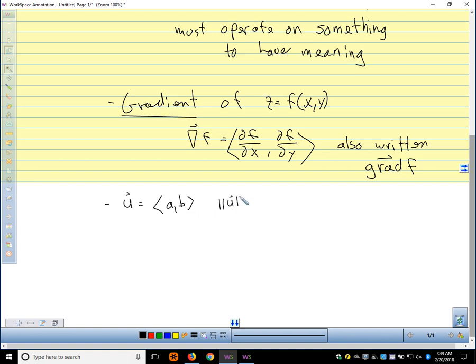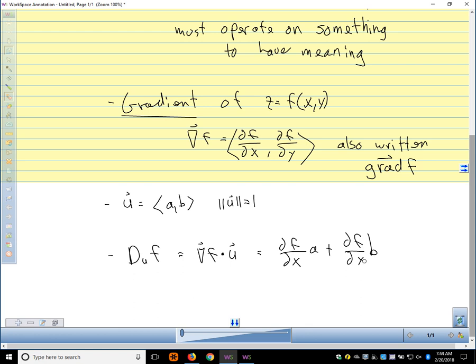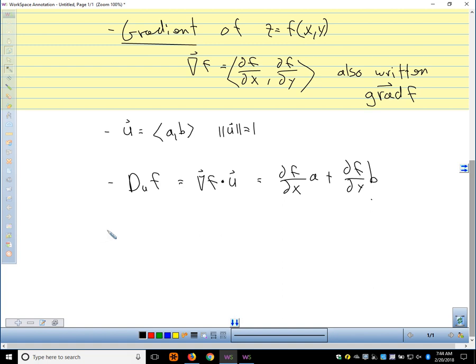If we have our unit vector u equal to a, b, then the directional derivative in the direction of u is del f dot u. And this is df/dx times a plus df/dy times b. So we can use a gradient to easily calculate the directional derivative of a function.